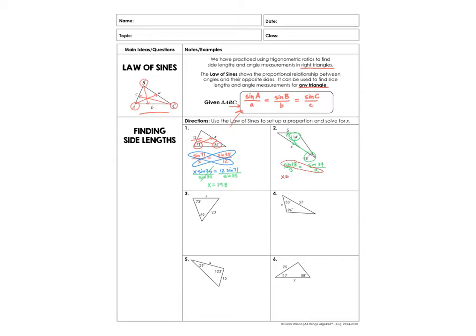So that's x times the sine of 18 equals 5 times the sine of 114. Okay, and again, your next step is to get x by itself, so we divide by sine 18 to get rid of it. So it leaves us with x equals 5 times the sine of 114 divided by sine 18, which gives you 14.8.